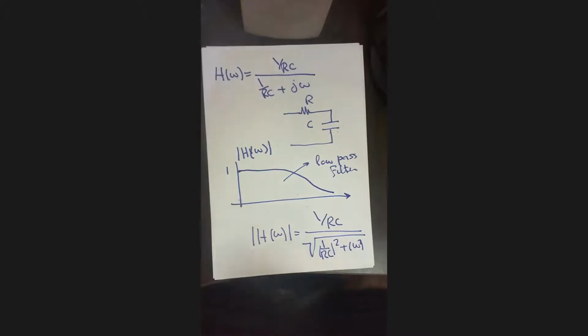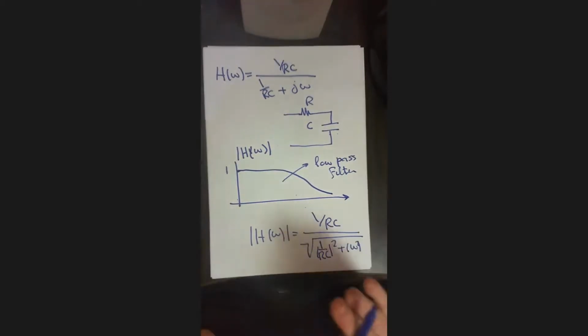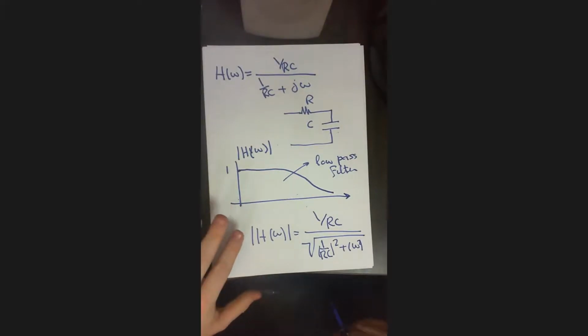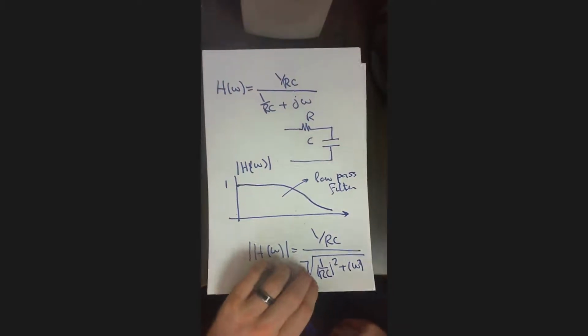So this is the first part of the process. We have now converted h of t into h of omega. The second part is that we also have to convert the input x of t to the frequency domain to get x of omega.